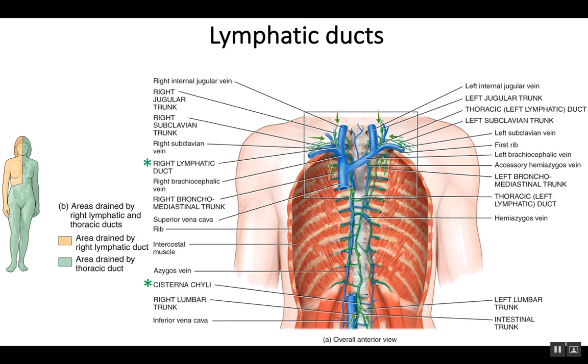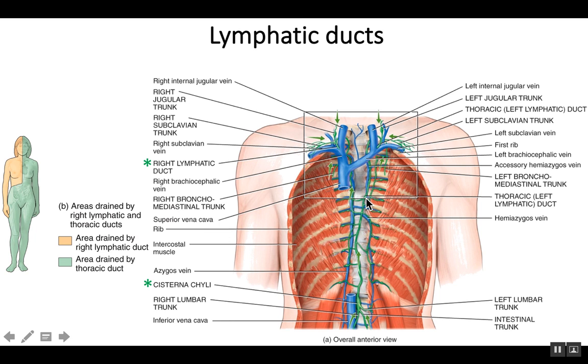The thoracic duct, or left lymphatic duct, comes up from the cisterna chyli. So there's that reservoir, that little sac that collects a lot of lymph. And then up from the cisterna chyli is the thoracic duct.